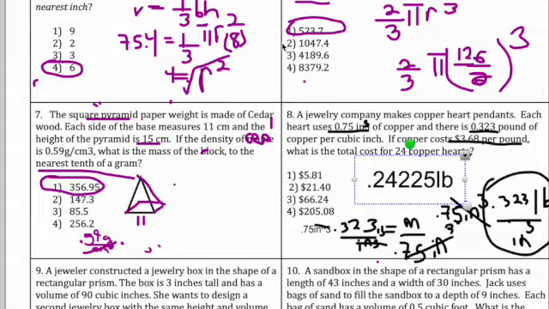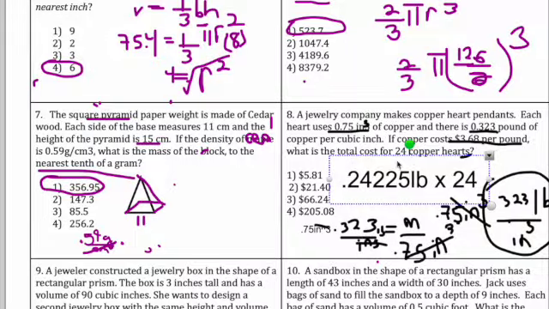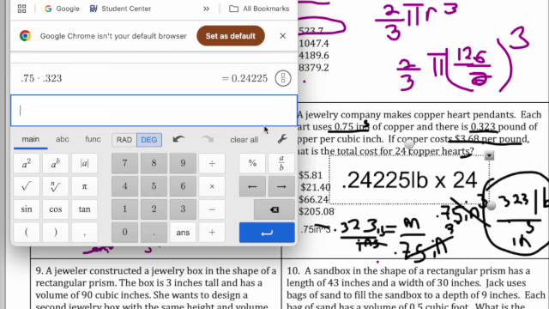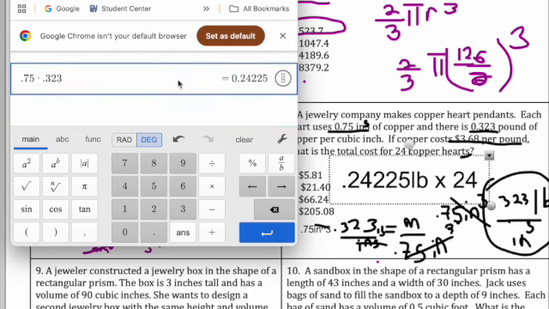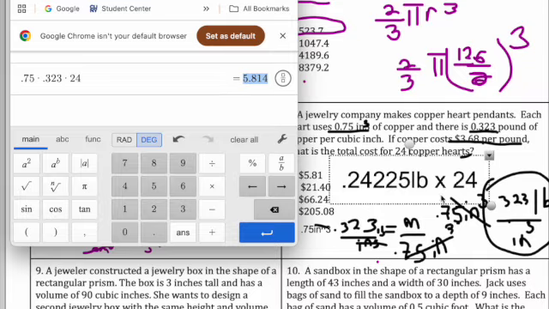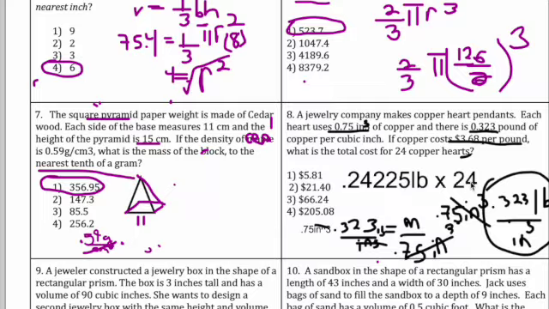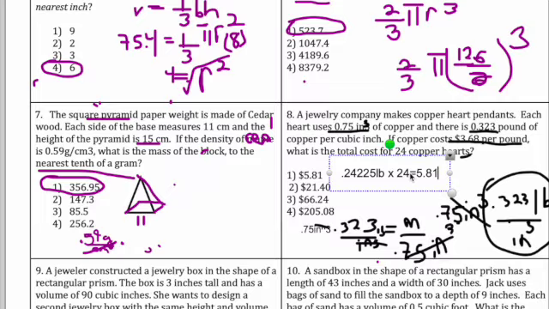So we want to multiply. We're going to times this by 24, because that's how many pounds we are going to need altogether. So I'm going to bring it up here and times it by 24, and we have 5.814.